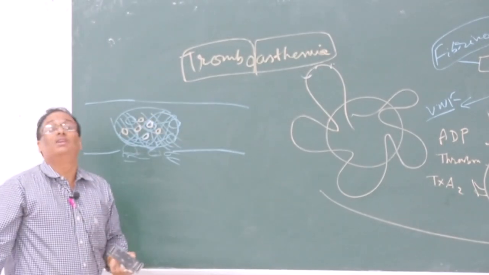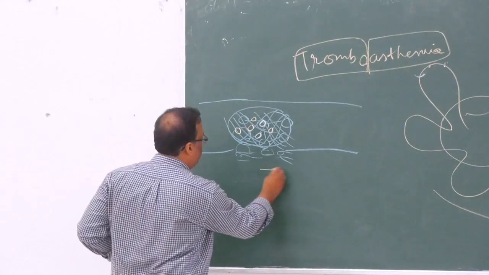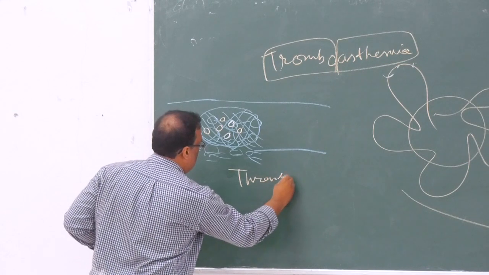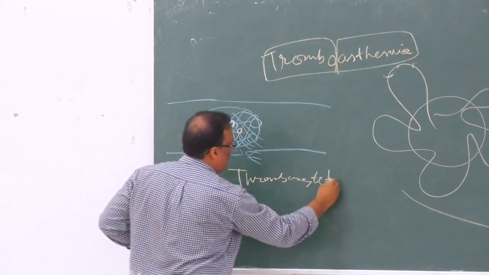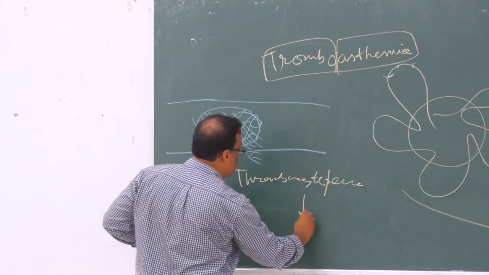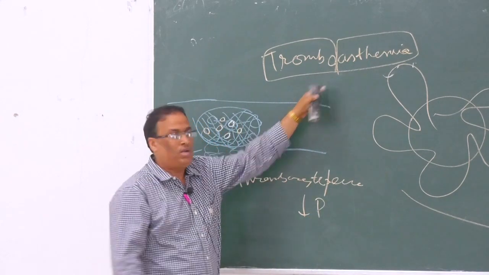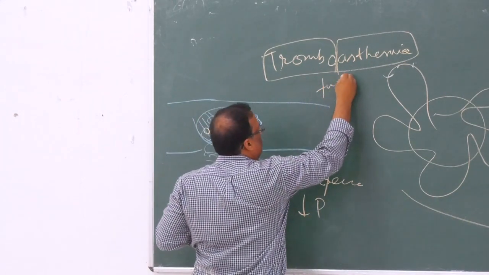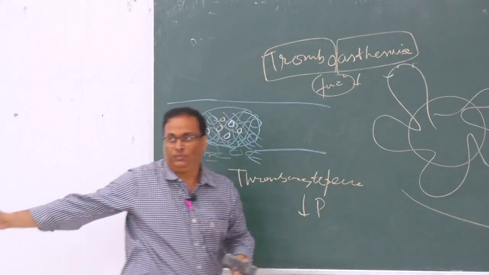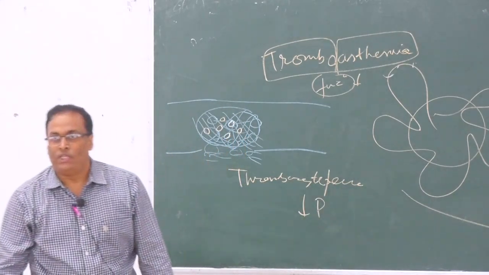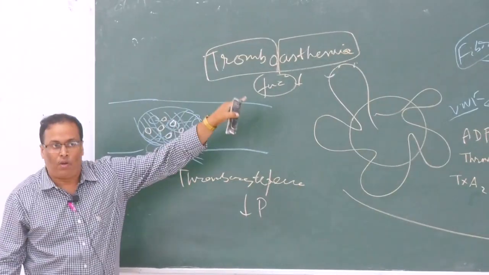Another is called thrombocytopenia. Thrombocytopenia means reduced platelets. Here is called functional problem. So in this way, this platelet has a functional problem.